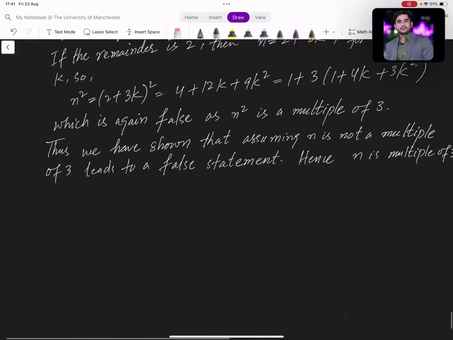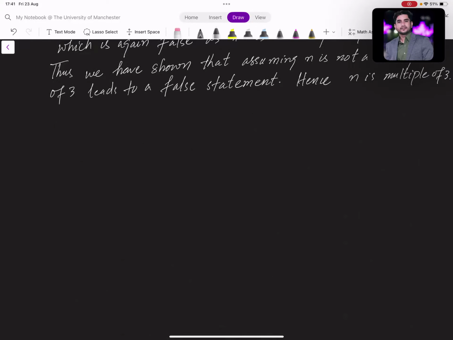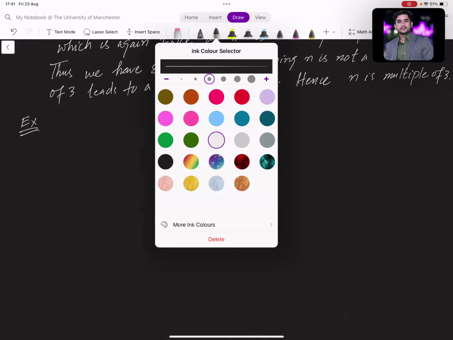We have a few more examples, and I'm going to refresh that information and the way we were trying to prove that. For that, I want to prove something more.